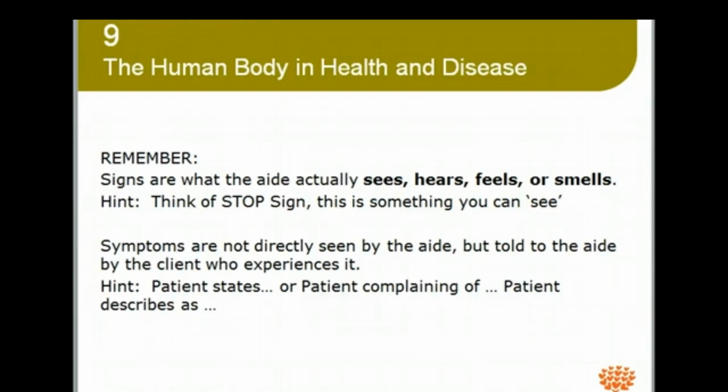So think of stop signs. You could also think of vital signs. Those are a good example of objective information. And stop sign has an O in it, so that'll help you remember objective. Pulse rate, respiratory rate, blood pressure, those are all things you can see and measure.